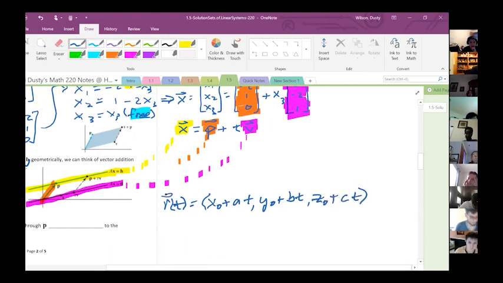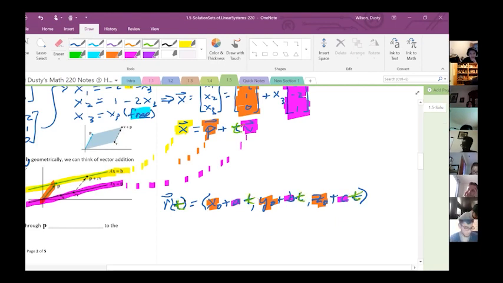And so in this particular case, these guys are your orange p, and a, b, and c are your v vector, and the t is the same. And this r is the same as x. There's the connection between here's Math 220, here's Math 163.